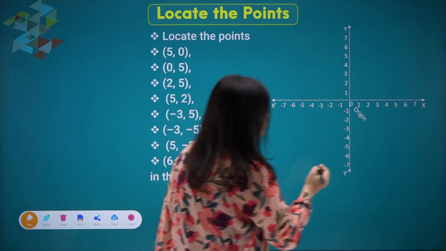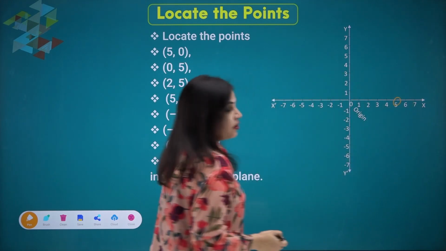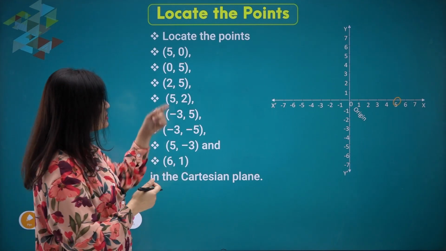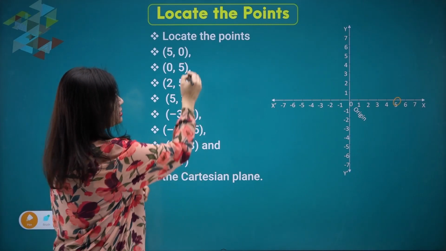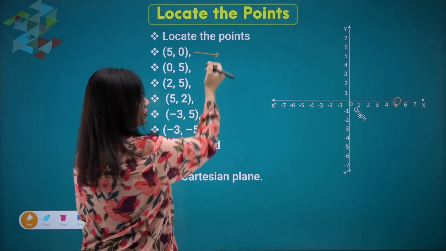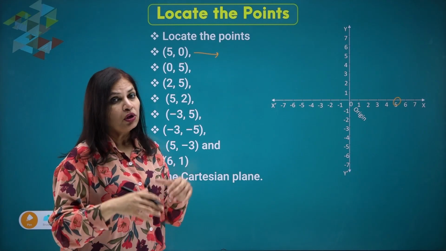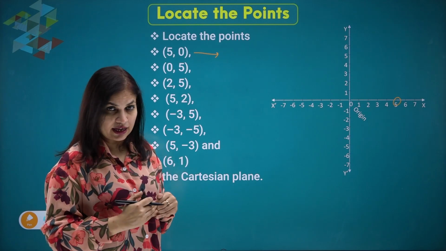Since this point lies on the x-axis, the value of y is 0. Such a point where the value of y is 0 will always lie on the x-axis.